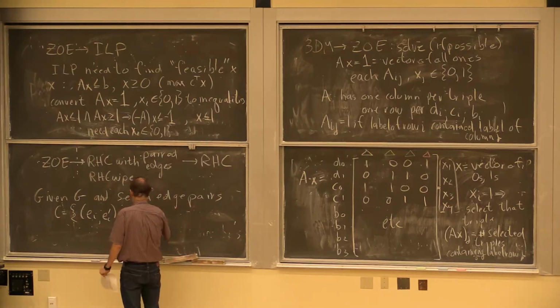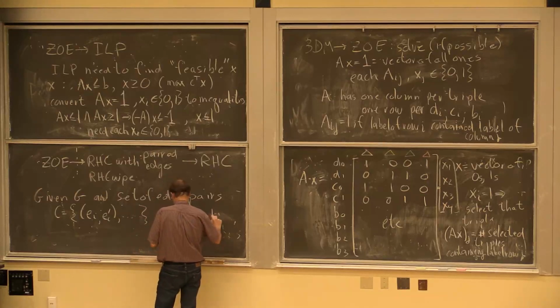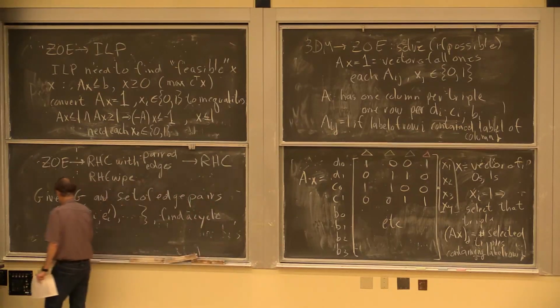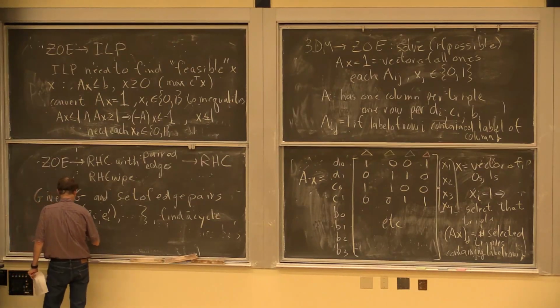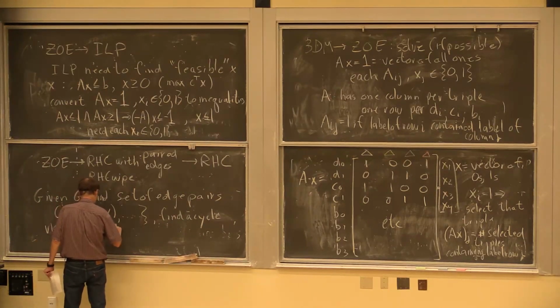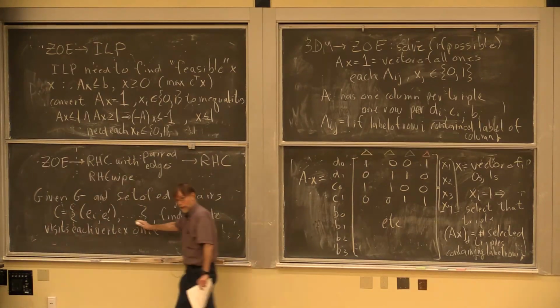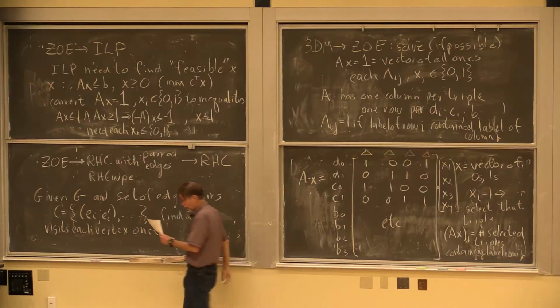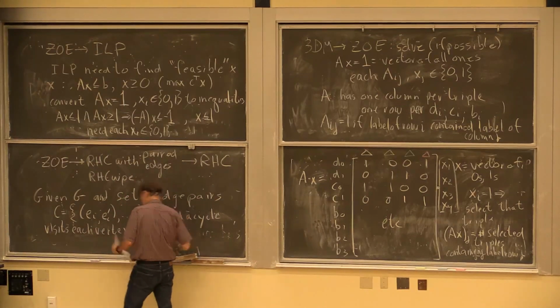And what I want to do is find a cycle that visits each vertex once. So far that's the usual definition of the Hamiltonian cycle. And here's the extra constraint.